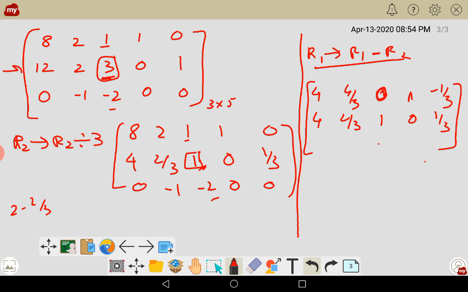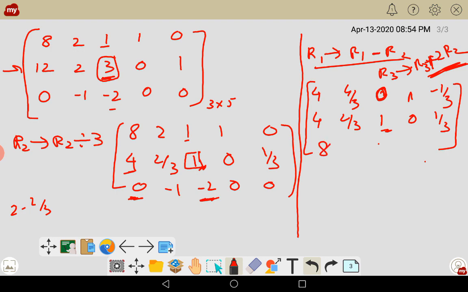Write a formula for row 3 now. Row 3 has minus 2, so we add 2. We use positive 2 times row 2. Row 2 is the leading element row, isn't it? So row 3 plus 2 times row 2. This is the formula for row 3. Row 3, what is it? 0 plus 2 times 4, it is 8.